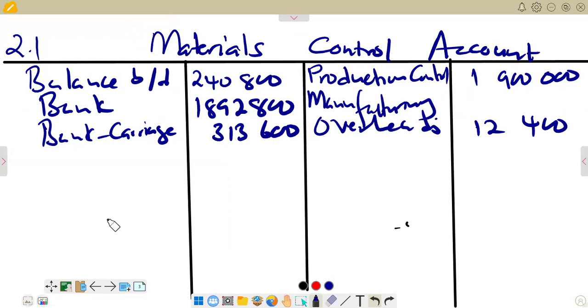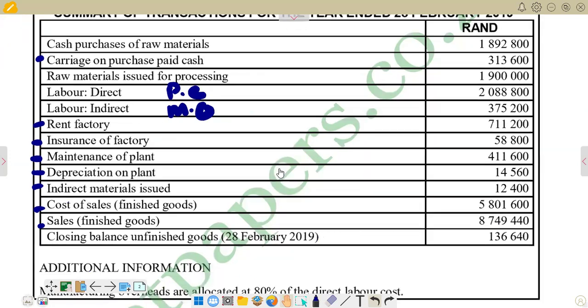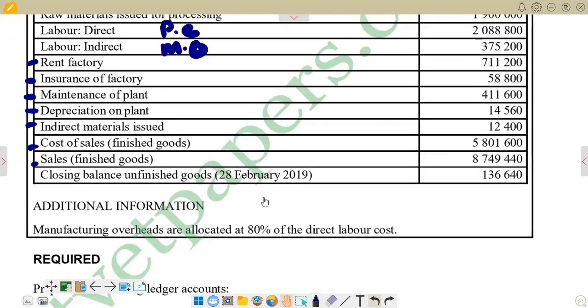We're just going to calculate that one. But before we calculate that as a balancing figure, if you go back to the question, at the end, on additional information, it is saying manufacturing overheads are allocated at 80% of the direct labor cost. What does it mean? It means the figure of manufacturing overheads.